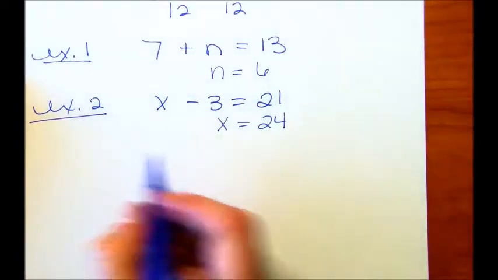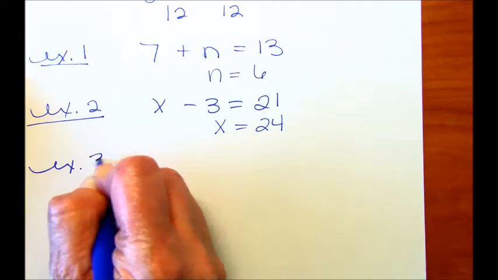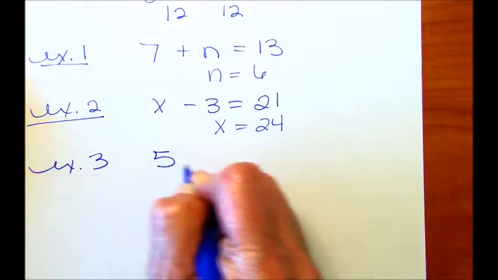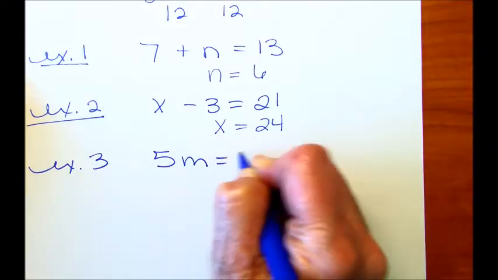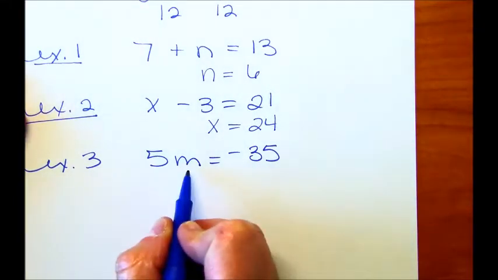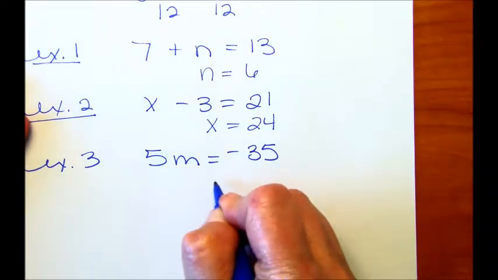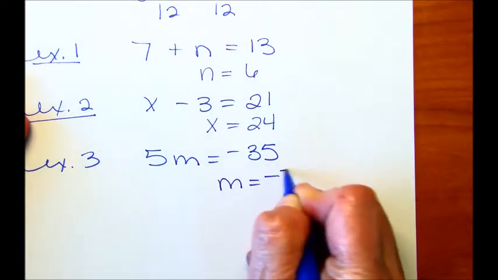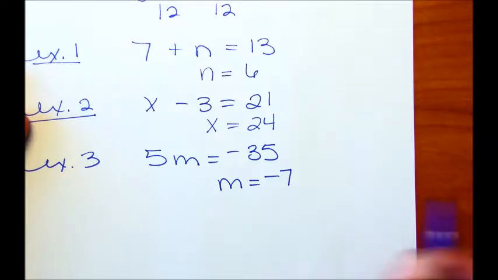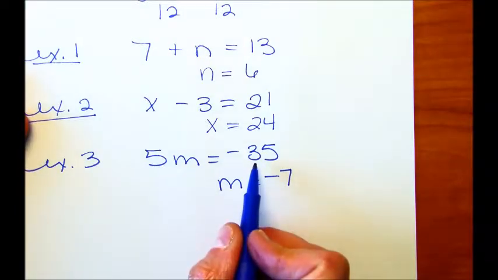And there are other kinds of one-step equations. You might have something like 5m equals negative 35. And you can think, 5 times what will give you negative 35? Well, you might come up with m equals negative 7, because negative 7 times 5 will indeed give you negative 35.